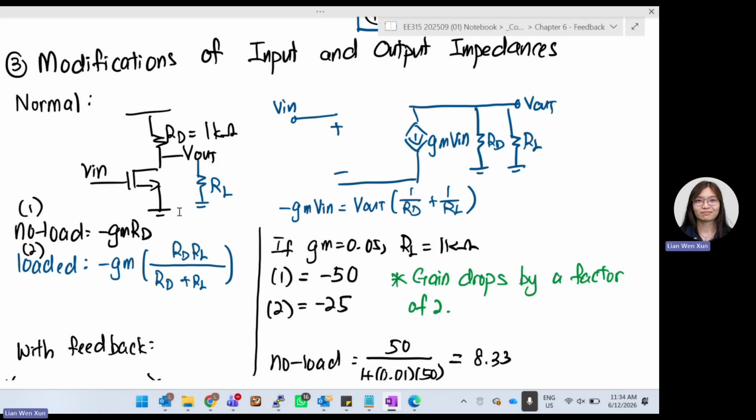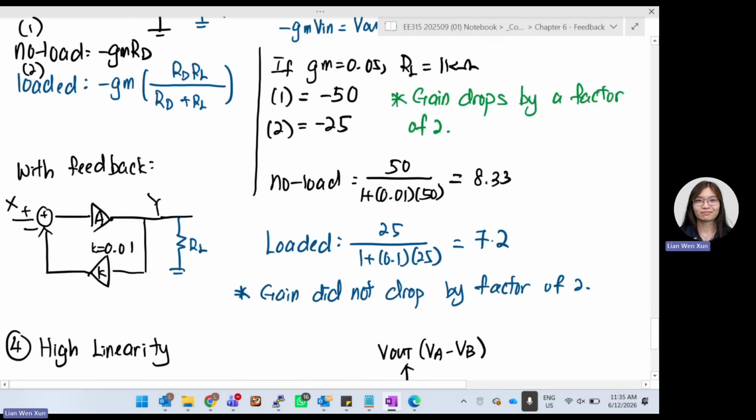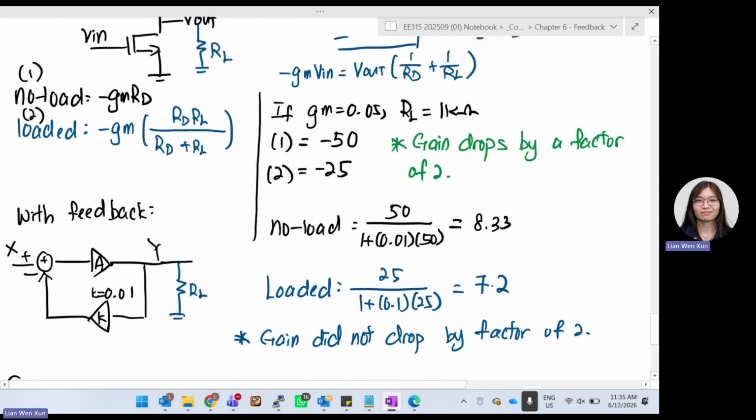But if I add feedback, I put my A over there, I add some K feedback circuit, and then I add the load outside of it. We said already the formula for closed loop gain is A over 1 plus KA. So I just plug in, no load condition, A over 1 plus KA, 8.33.